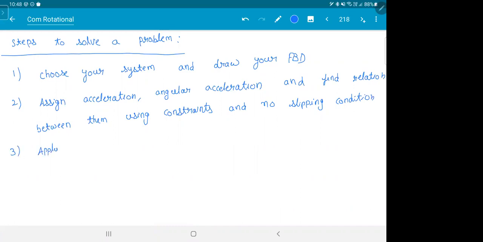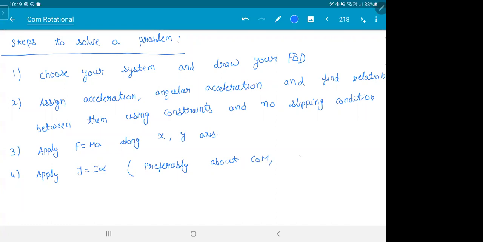Third, apply F is equal to ma along the x and y axis. So basically, once you define your accelerations and alphas, apply them. Fourth, apply torque is equal to I alpha, the torque equation, preferably about the center of mass.